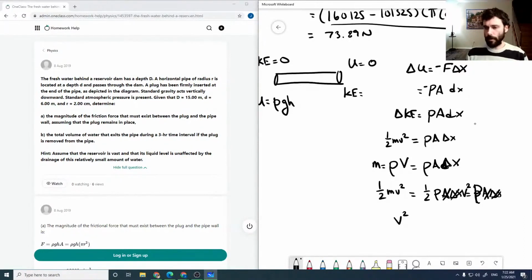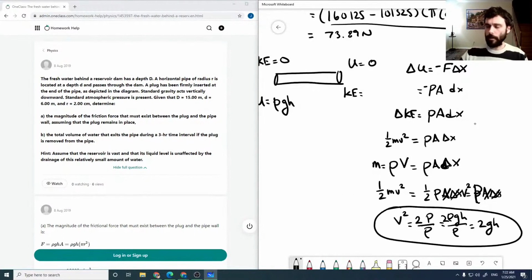So then our v squared, you can cancel our area and our delta X. So you can see that v squared is just 2 times our pressure over our density. And our pressure is just rho g h. So it's 2 times rho g h over rho, which is just 2gh.